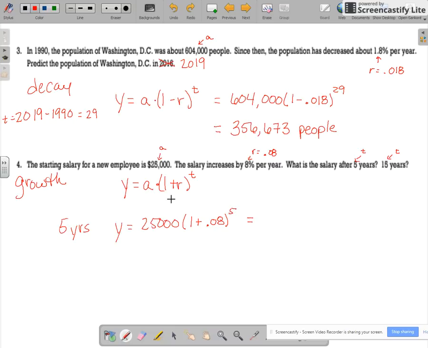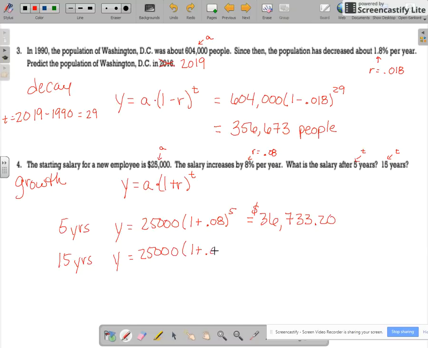When we plug that into our calculator exactly as it's shown, we get $36,733.20. So again, this is salary, so we do need to have our dollar sign with it. And then we want to find after 15 years. So we get y is equal to, again, 25,000. We're still starting with that.